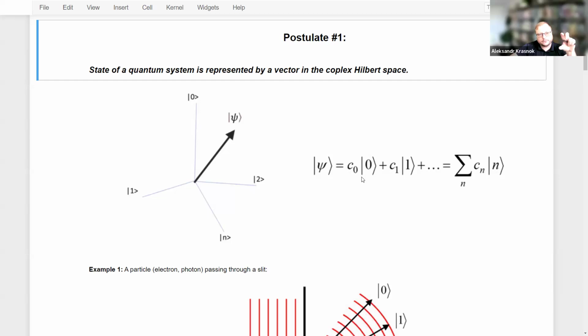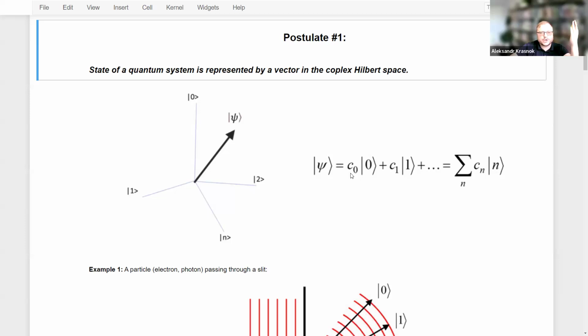Introducing this basis, you can represent the state by its projection onto every single basis vector, so C0 state 0 plus C1 state 1 and so on. Just like the usual vector in 3-dimensional space, where we take Rx, Ry, and Rz, these projections are the components of a vector.